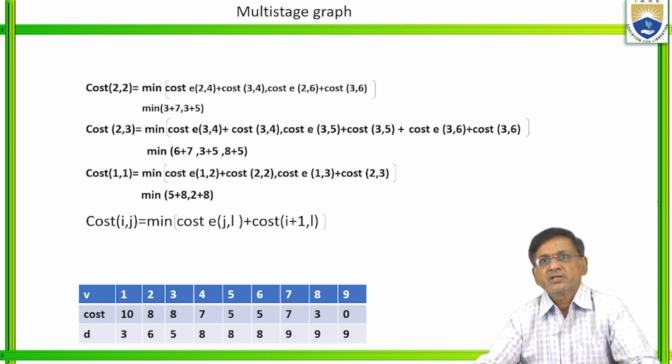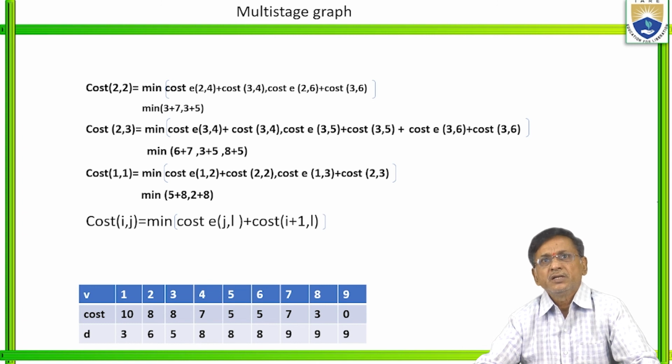For the cost of an edge 2 to 6 is 3 and cost of vertex 6 is equal to 5. 3 plus 5 is 8. One is 10, another one is 8. So you select the minimum value 8, that is corresponding to the vertex 6, and the cost is equal to 8.